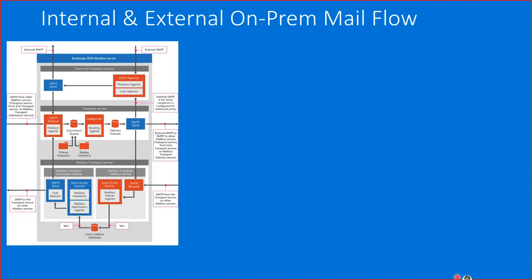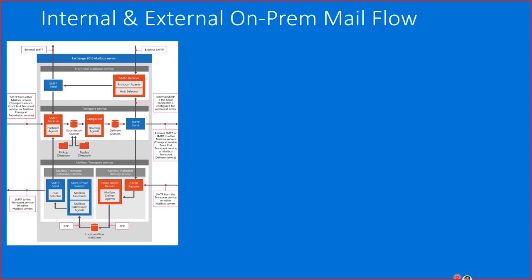Once this has been done, the transport service knows that it needs to transfer the message to the mailbox transport service, which can be locally on the same server or could be the mailbox transport service on another Exchange server. So the mailbox transport service has two subcomponents: the mailbox transport submission service and the mailbox transport delivery service.